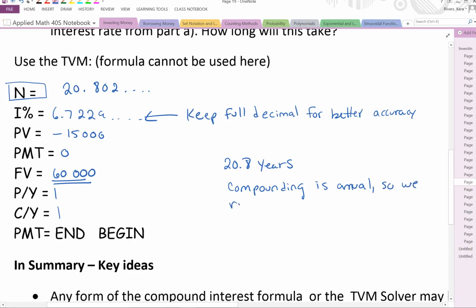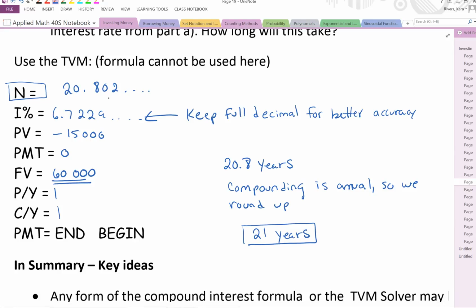So we'll round up. So that actually means that it's 21 years before she'll have $60,000. Now realize if P/Y was something other than 1, we would actually have to divide out to get the number of years, but because it's 1, that doesn't matter in this case.